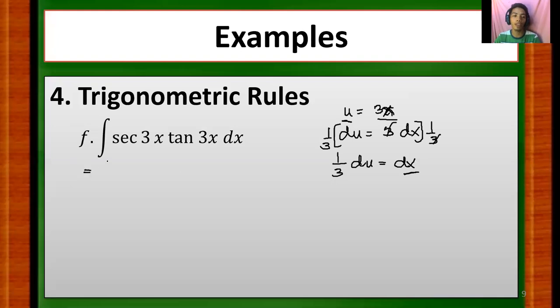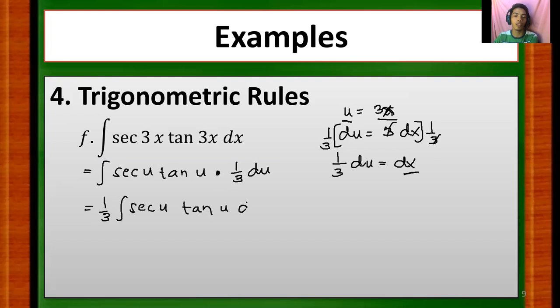So I have the integral of secant u tangent u multiplied by 1/3 du. So si 1/3 ilalabas, magkakaroon ako ng 1/3 integral of secant u tangent u du.